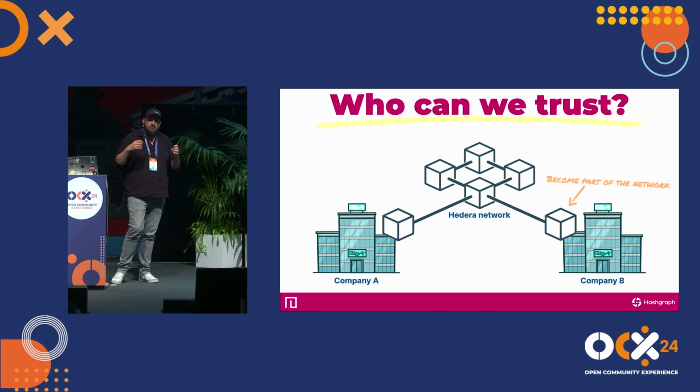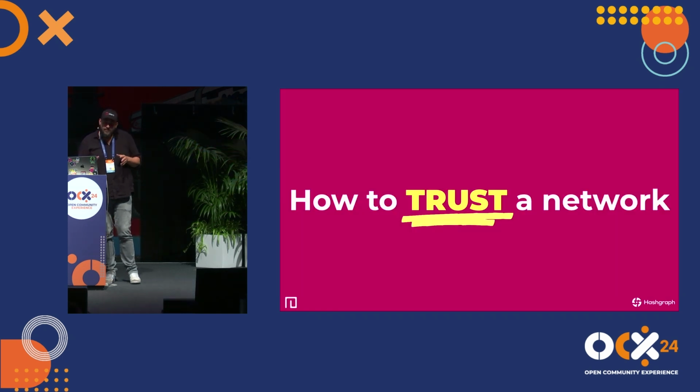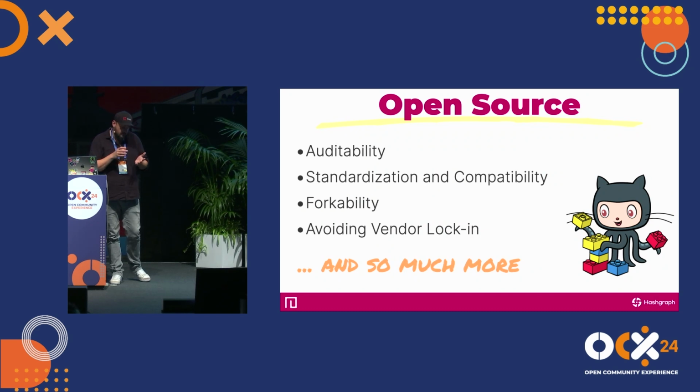And being part of it means they are even part of the trust of the network. So that is one part that is important for trust, but there's another one, which is openness, transparency, and open source.